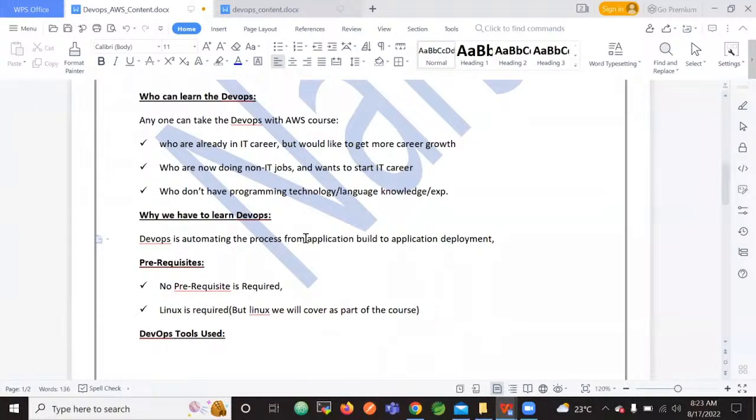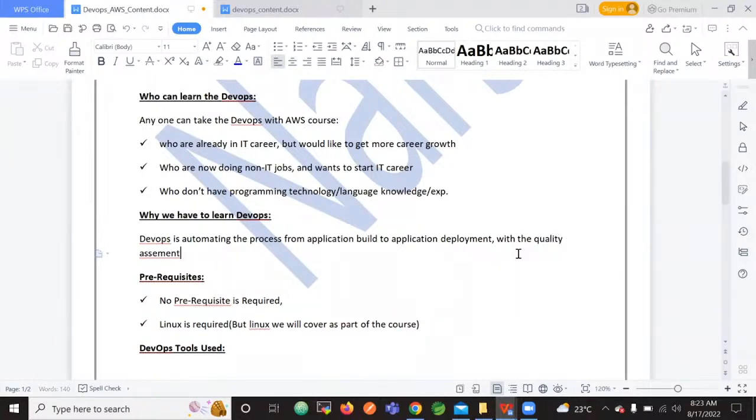So DevOps is automating the process from application build to application deployment with quality assessment. Due to this automation, one day of work is completing in just 1 hour.